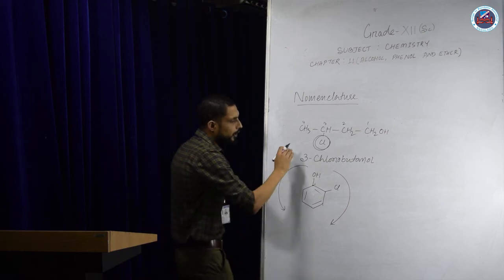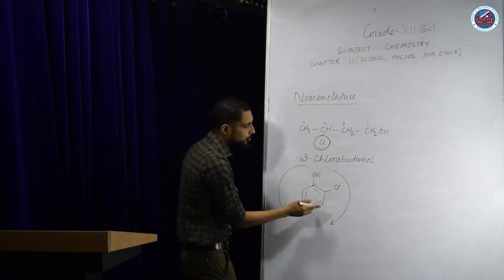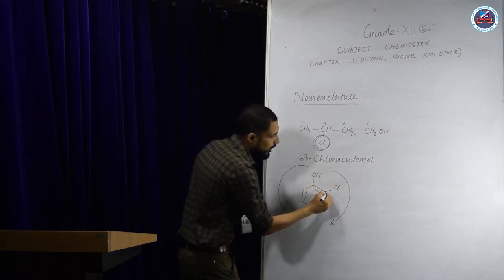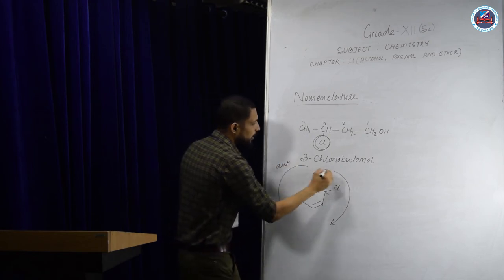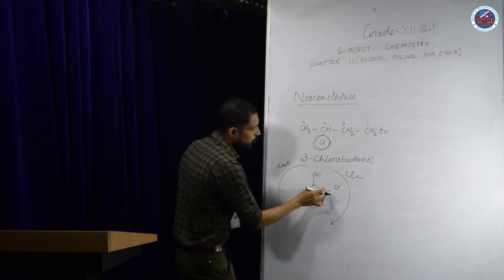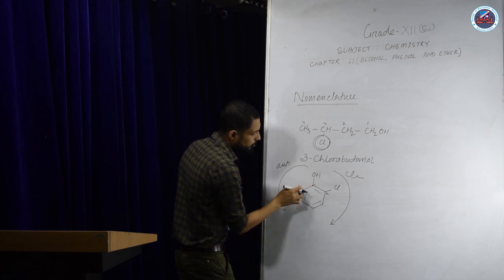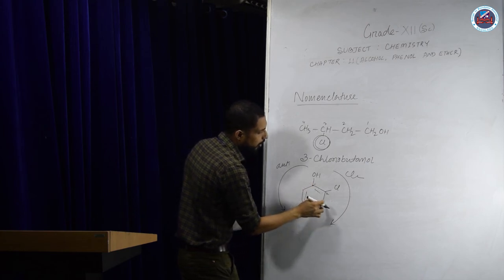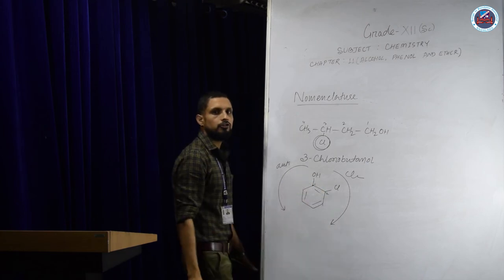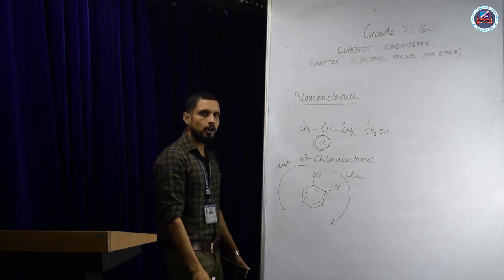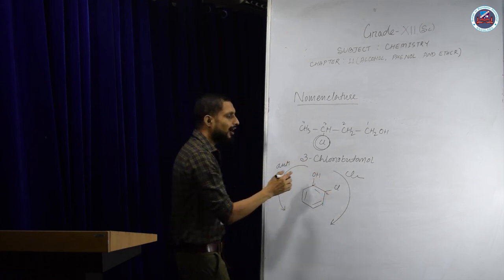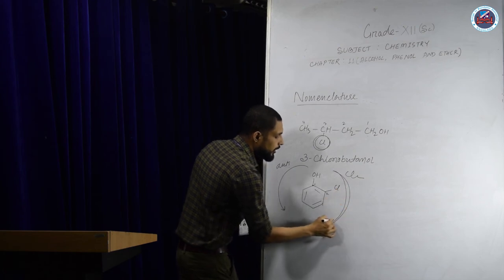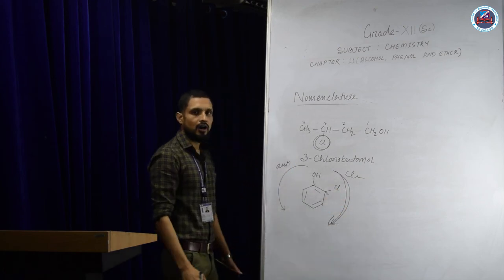So if we go in clockwise direction, the position of the substituent is carbon 2. But if we go in anti-clockwise direction, the position of chloro will be 1, 2, 3, 4, 5, 6, position 6. So we'll prefer position 2 over position 6. So the counting will be done in clockwise direction.